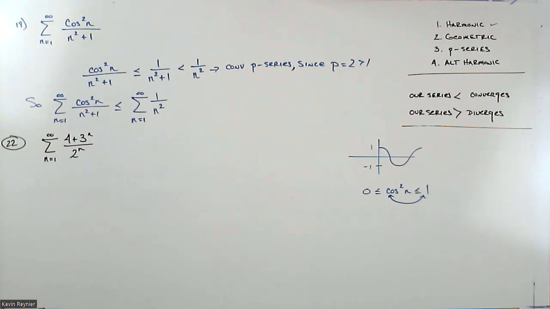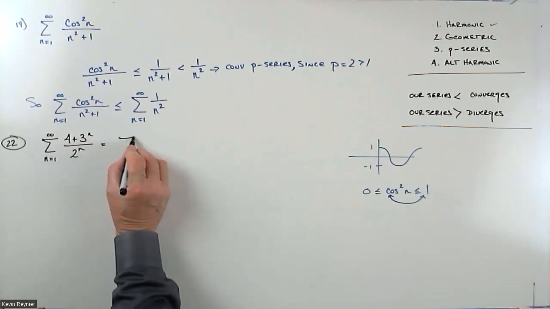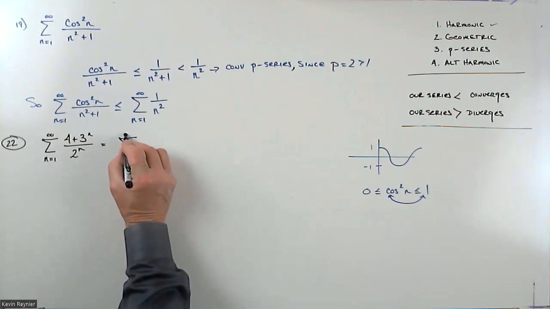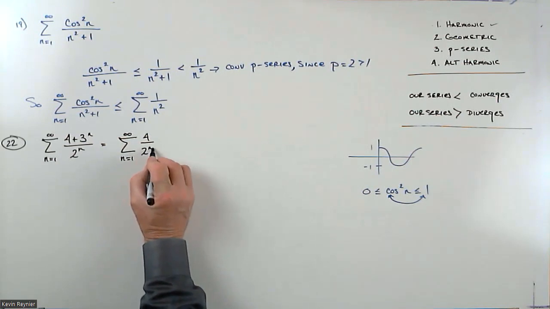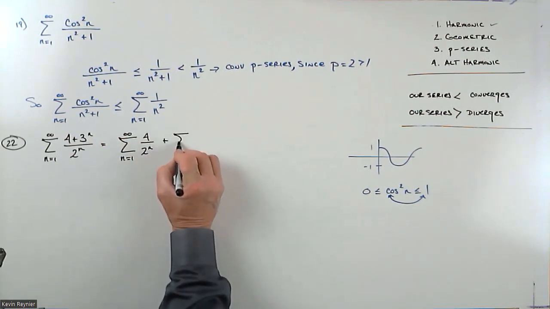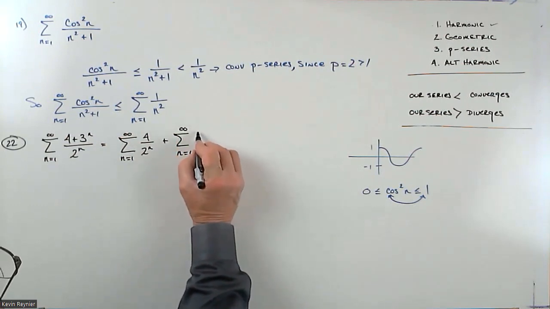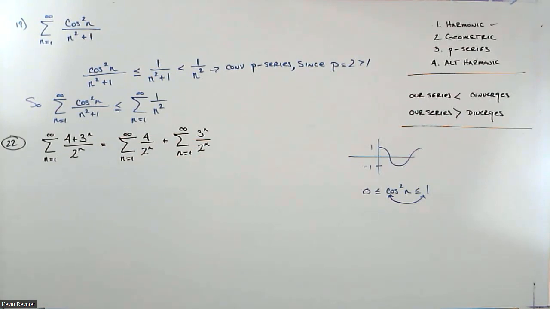Well, if we take a look at this, we can split this up, right? We can split this up. We can write this like this: the sum n equals 1 to infinity of 4 over 2 to the n, plus the sum n equals 1 to infinity of 3 to the n over 2 to the n.